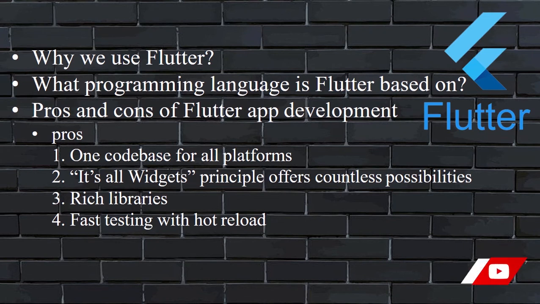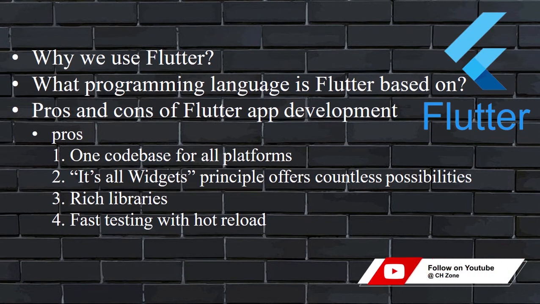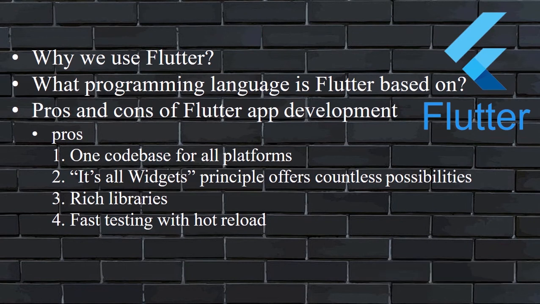The next question is, what programming language is Flutter based on? Before, I mentioned that Dart is developed and made by Google, and Flutter is based on the Dart programming language. We can say that Dart is a C family programming language, derived from the C programming language.